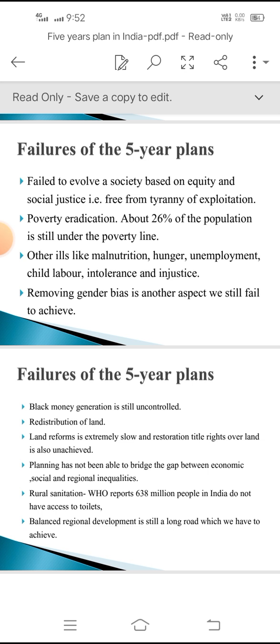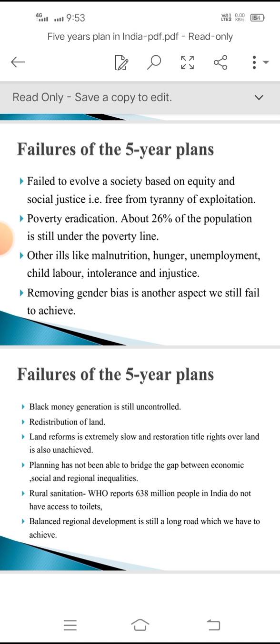And on poverty eradication, about 26 percent of the population is still under the poverty line. The other ills are malnutrition, hunger, unemployment, child labor, intolerance, and injustice.